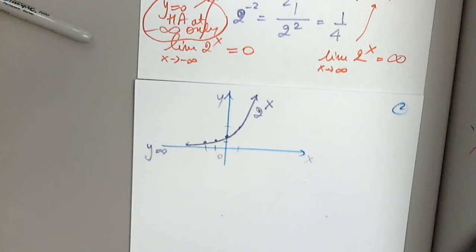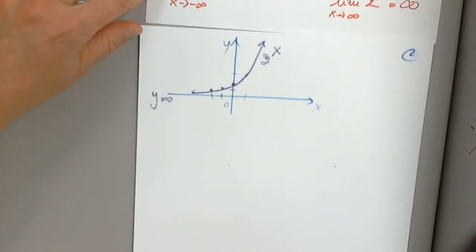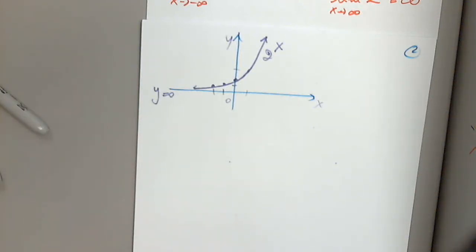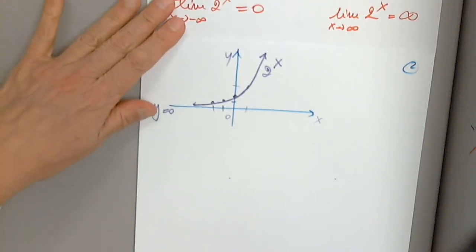As x goes from negative infinity to infinity, this function always increases, which means that its derivative will always be positive, because the slope at any point will be positive. Let's talk about its derivative later. I would like to graph the other function first, because there is more to it. Any questions on this?